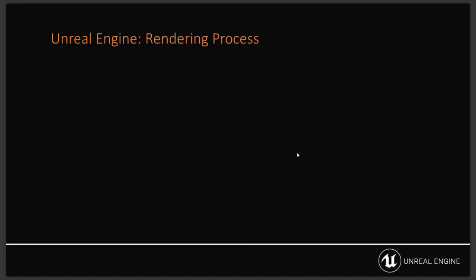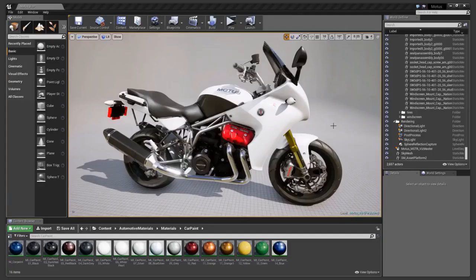All right, let's take a look at the Unreal Engine rendering process, and what's involved in rendering in Unreal Engine. So in Unreal Engine, there are a couple of key things that we want to follow with rendering. And nothing can be really beautifully realized without the importance of utilizing materials.